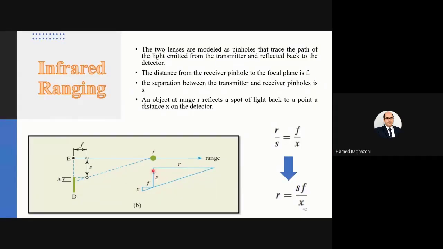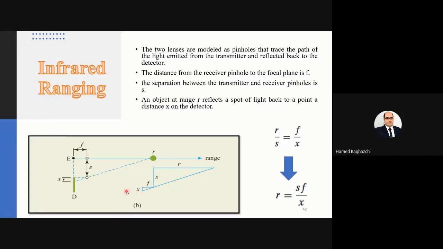And as you see here, for modeling this camera and finding the range of the object, we suppose that we can model this lens, emitter, and detector with pinholes, and this beam goes through these pinholes to the object. Also the scattered beam passes through these pinholes to the detector. So we can model this section of the camera with these two triangles.